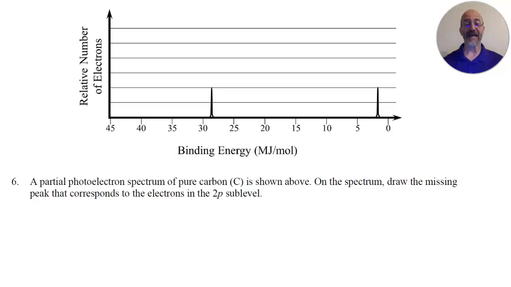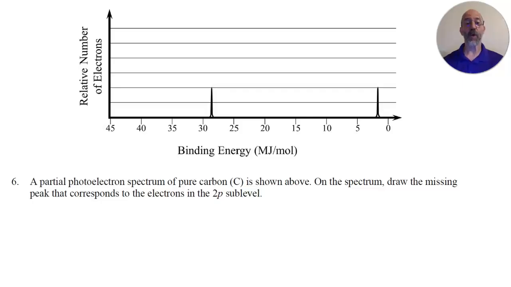Now for the x-axis, it's labeled as binding energy with units of megajoules per mole. Now the higher the binding energy is, it's actually located on the left. So if you look at the numbers on the x-axis, that is done in reverse order, but that is intentional.